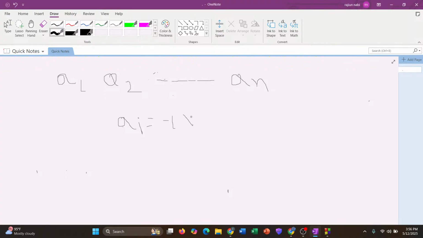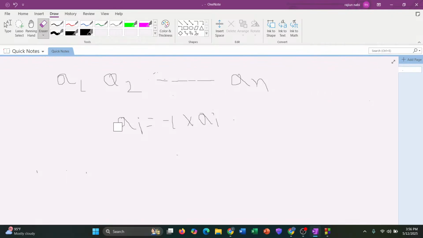That means -1 times ai, which will be equal to minus ai. If we again multiply it by -1, it will go back to ai, which is equal to the previous, the first case. So basically we can do the operation: pick an element ai and multiply the element by -1.